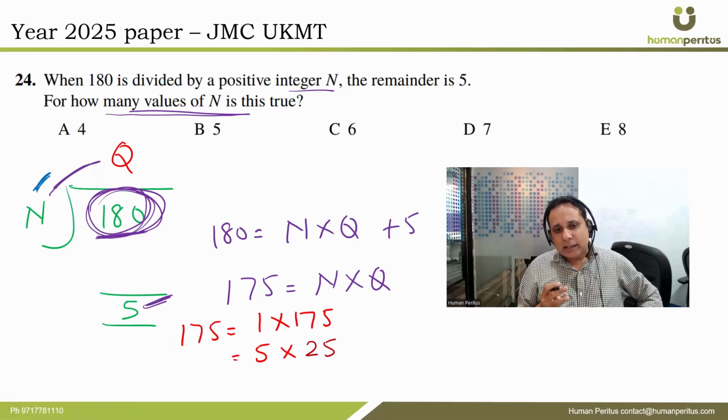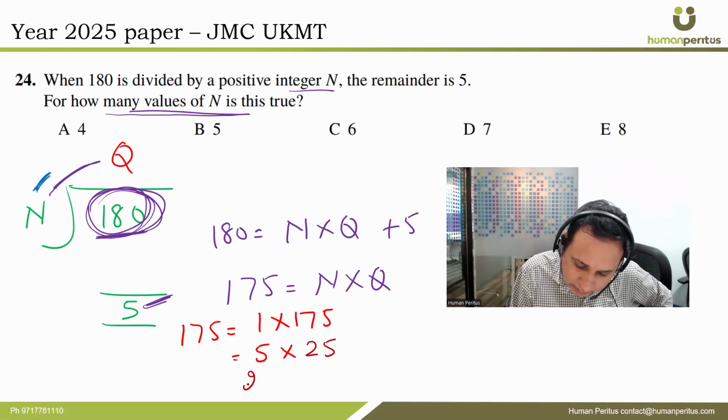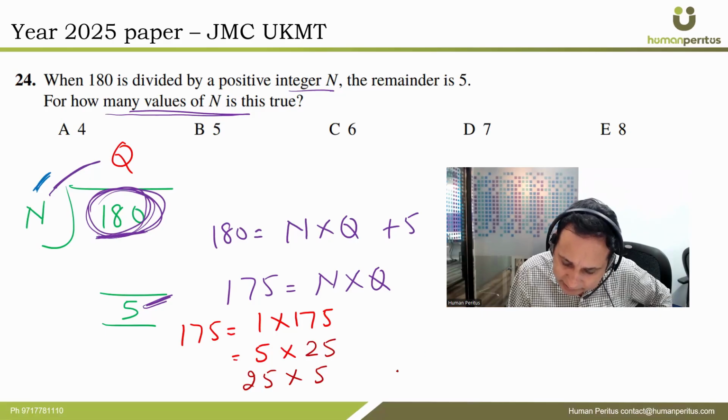Then 6, not dividing because it's not an even number. 7, I can try 7 into 25, 7 into 14, then 3, not dividing, then 8, of course not, 9. If it's not dividing by 3, how can I divide by 9, right? Then 10, 11, and you can check. The next number is 25 into 7, and the last number is 175 into 1.